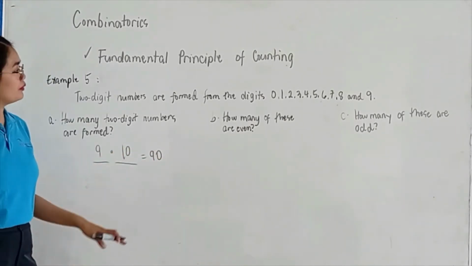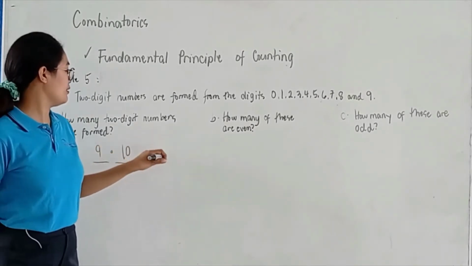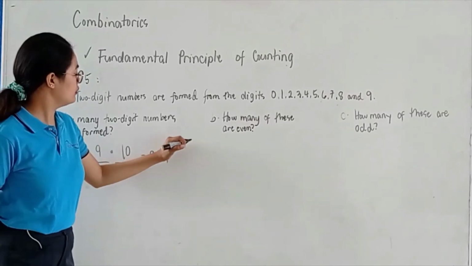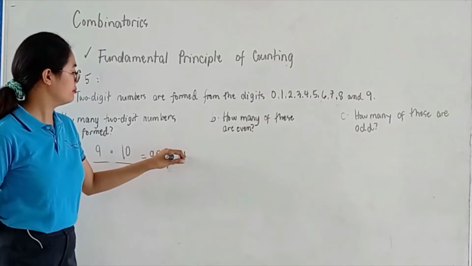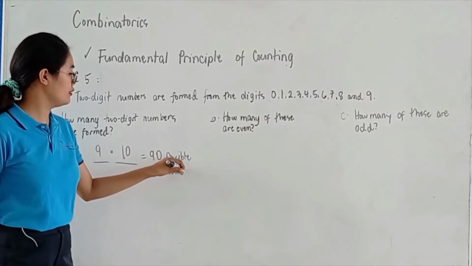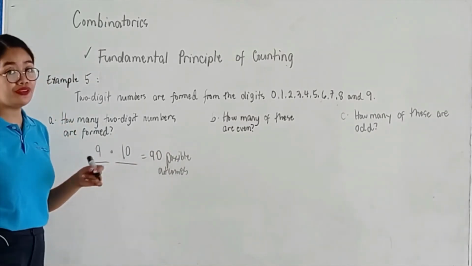So we have a total of 90 possible outcomes for a two-digit number from the digits 0 to 9.